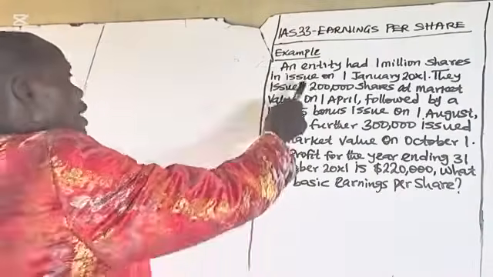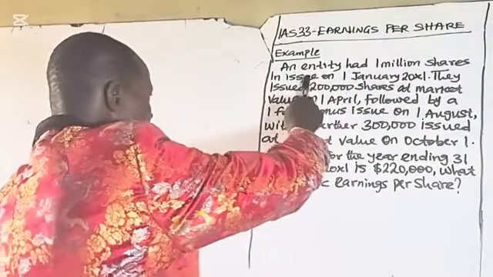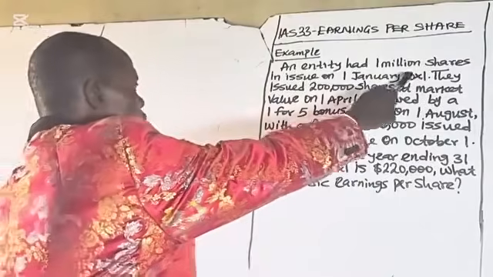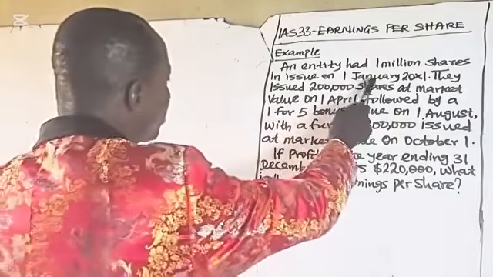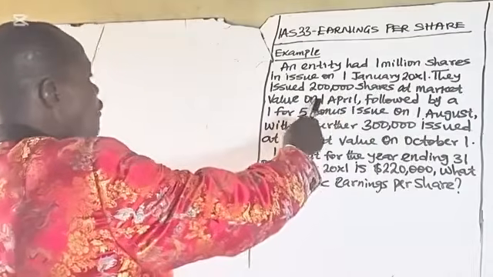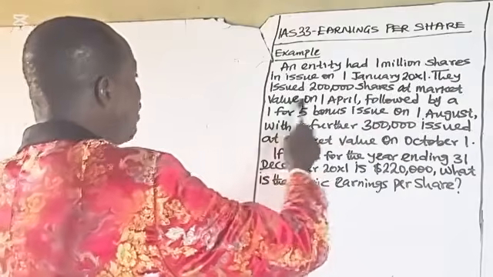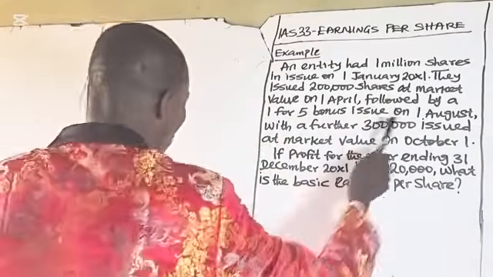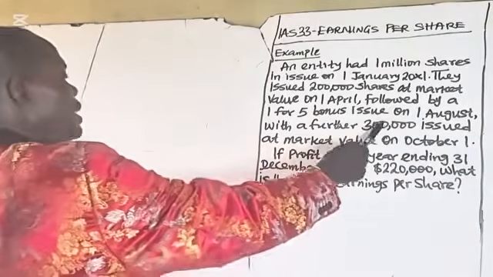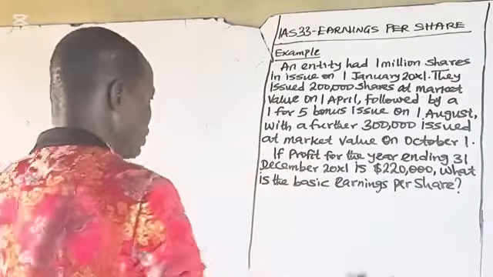Example: an entity had 1 million shares in issue on 1st of January 20XY. They issued 200,000 shares at market value on 1st April, followed by a 1-for-5 bonus issue on 1st August, with a further 300,000 issued at market value on October 1st.